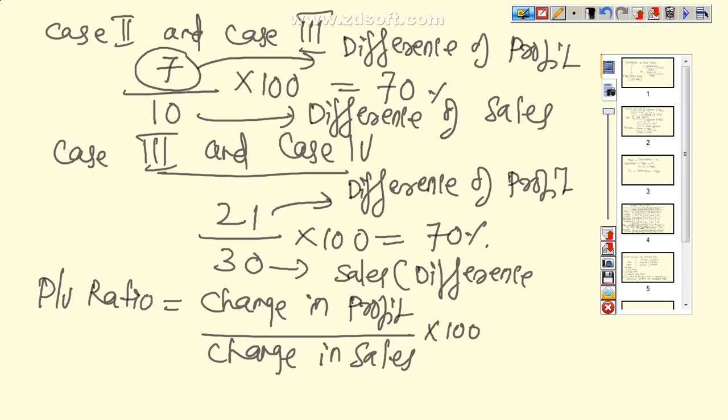So the first formula is contribution upon sale into 100, where contribution is equal to sales minus variable cost. From this we can frame this equation: change in profit upon change in sale into 100.